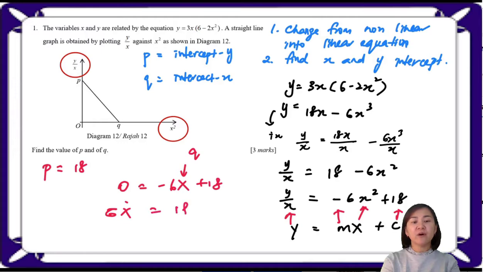Arrange it to find the value of x squared: negative 6x squared on the right side we bring to the left side, so 6x squared equals 18. So x squared equals 18 divided by 6, which is equal to 3. Our x squared also equals the value of q. Therefore, the value of q is equal to 3.